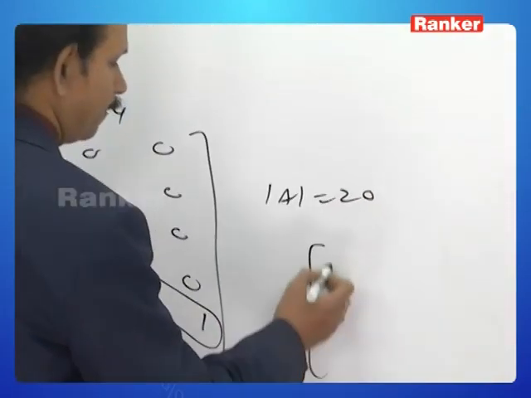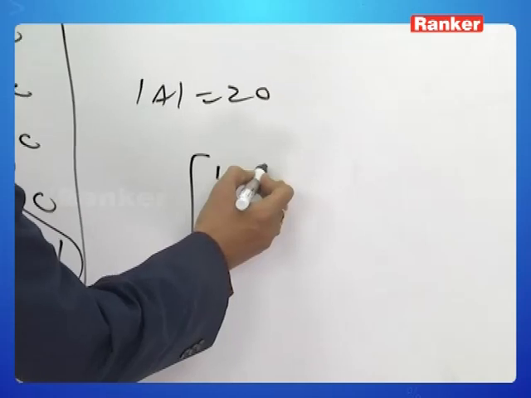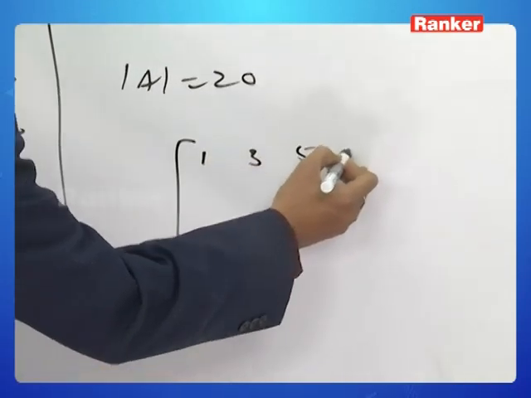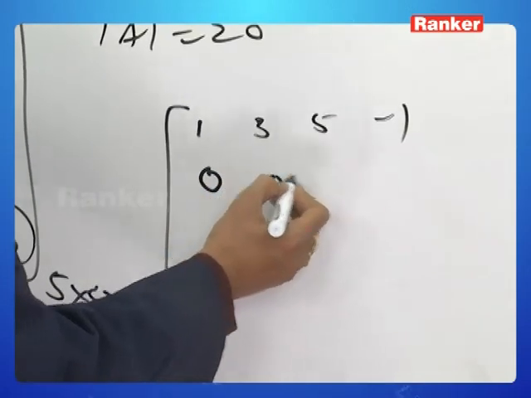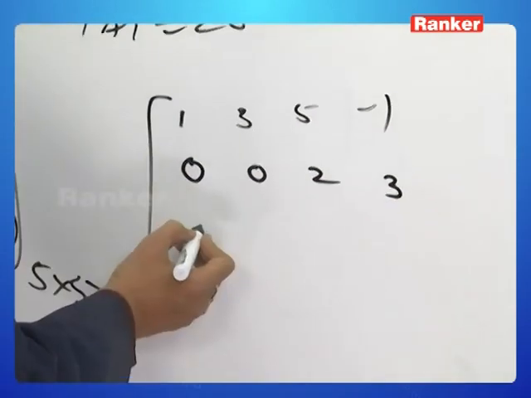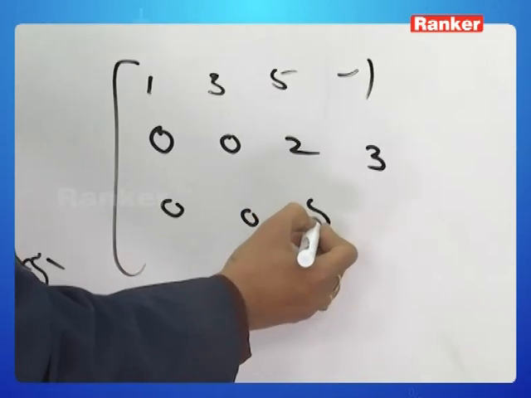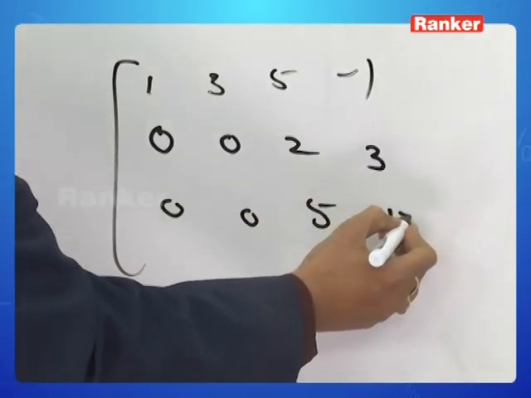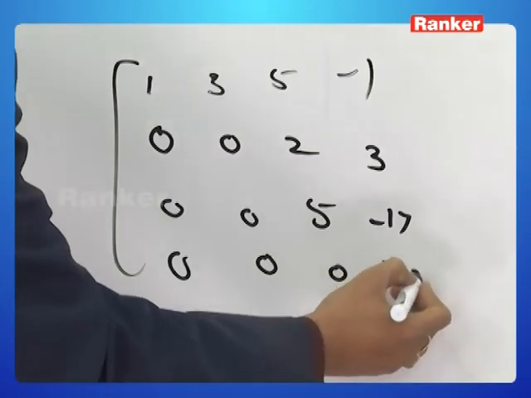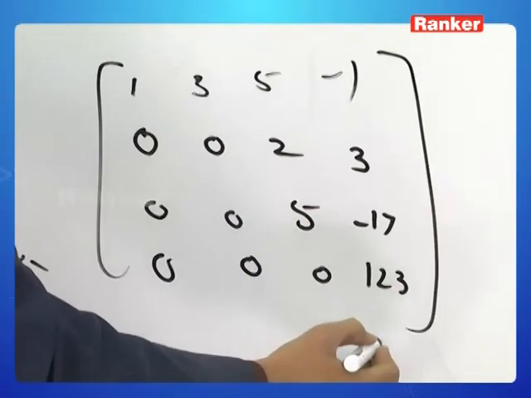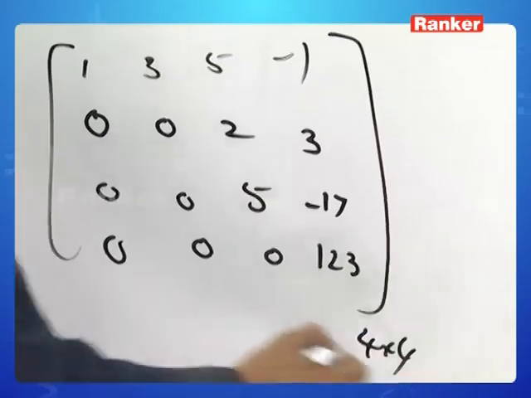Look here. 1, 3, 5, minus 1. 0, 0, 2, 3. 0, 0, 5, minus 17. 0, 0, 0, 123. What is the determinant? This is a 4 by 4 matrix.